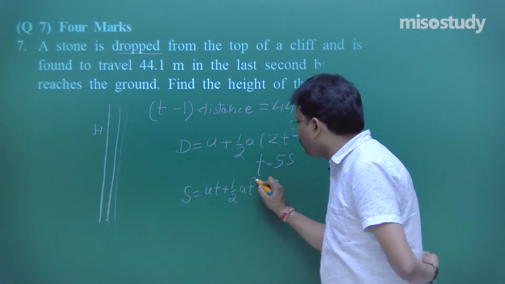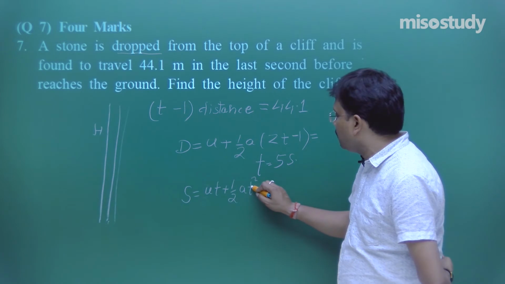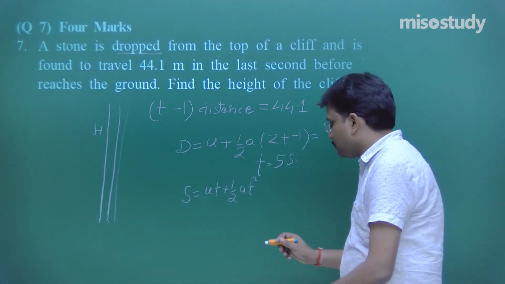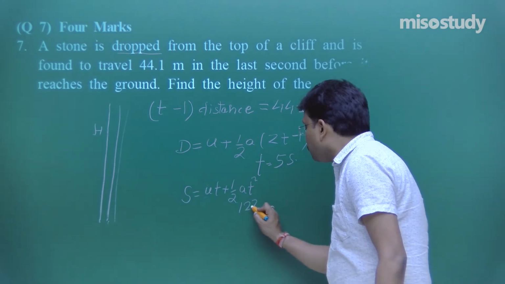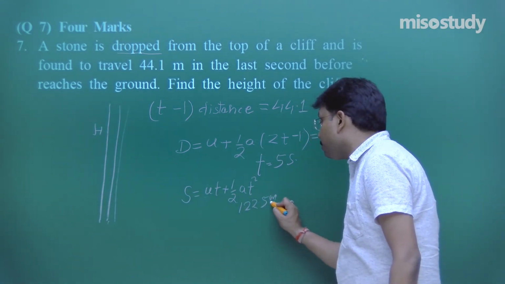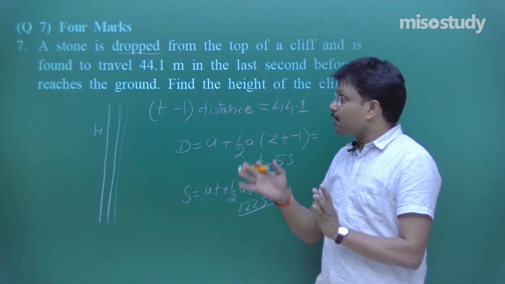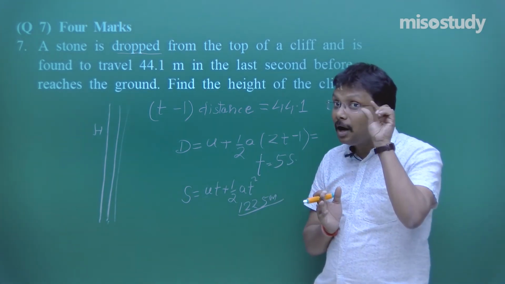Now u is 0, put t as 5, solve it, and you will get the distance, which is going to be 122.5 meter.